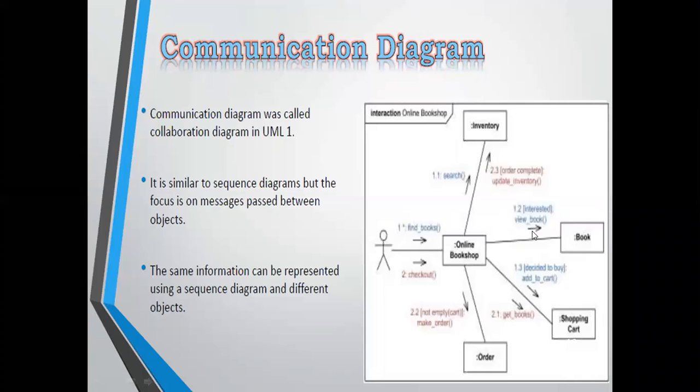Then the inventory system will find the book from the book object. Then it will add to the shopping cart. This is the passing of messages. Based on the messages, objects are going to communicate with each other. This is the communication diagram.